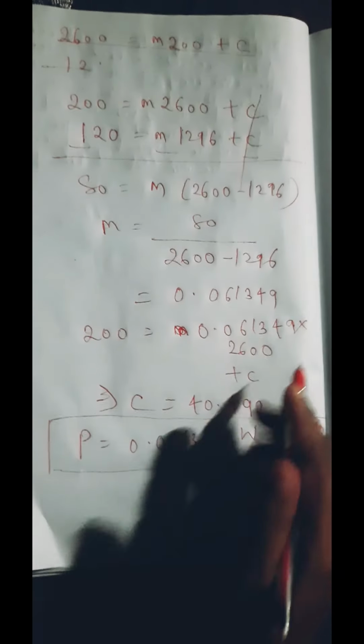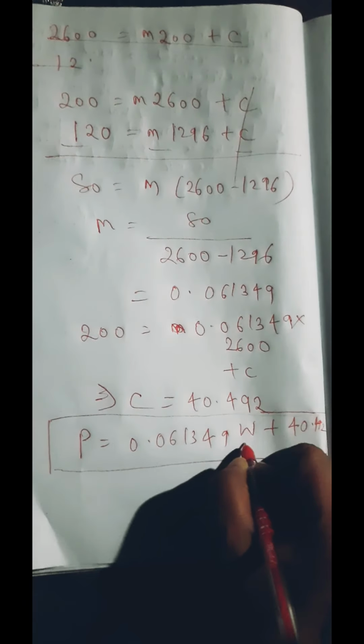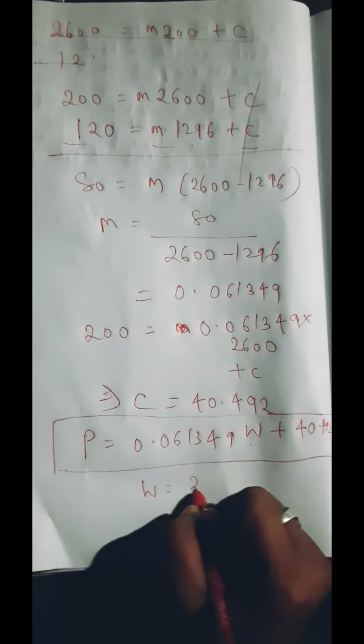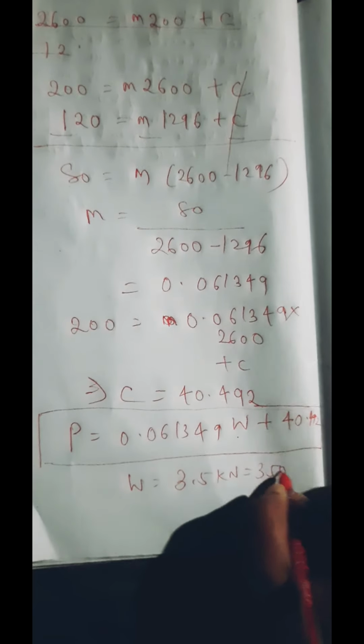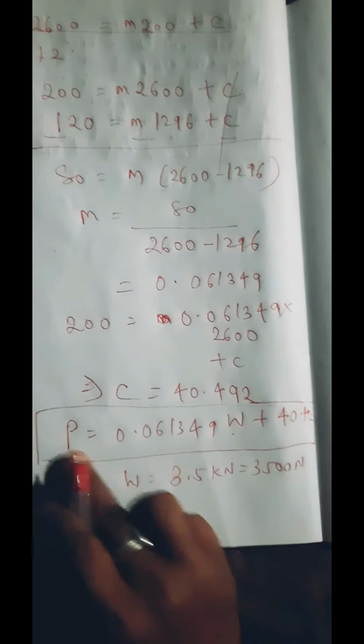Next, what is asked? It is asked to find the effort required to run the machine at a load of 3.5 kilonewton. So when W equal to 3.5 kilonewton, that is 3500 Newton, I have to find the effort.